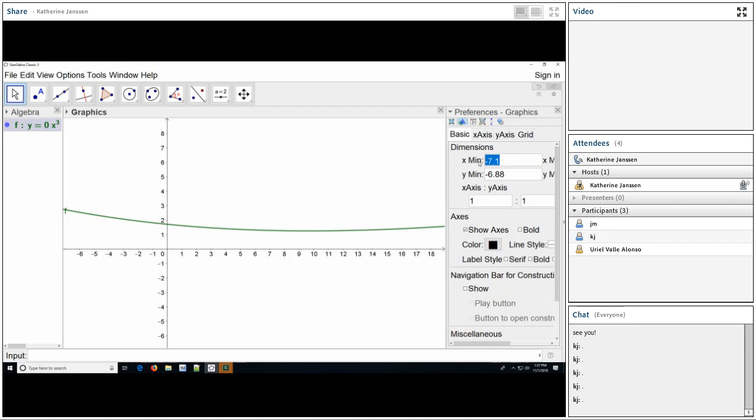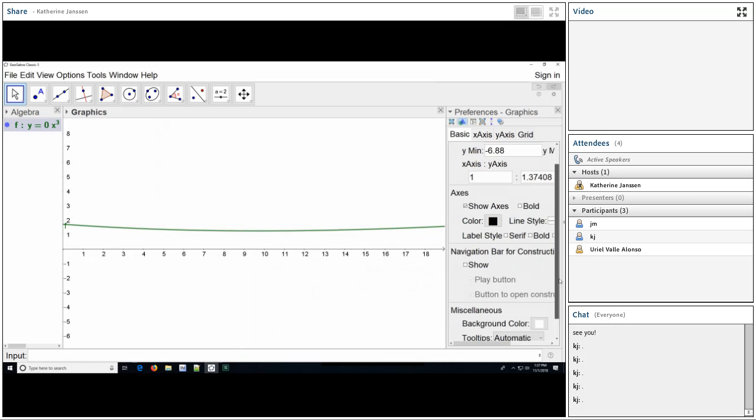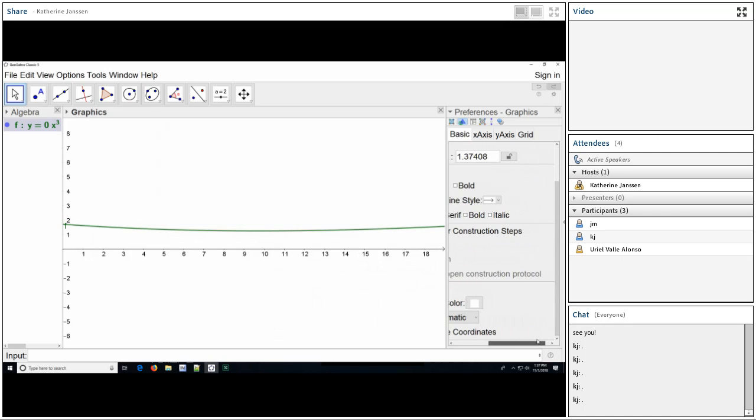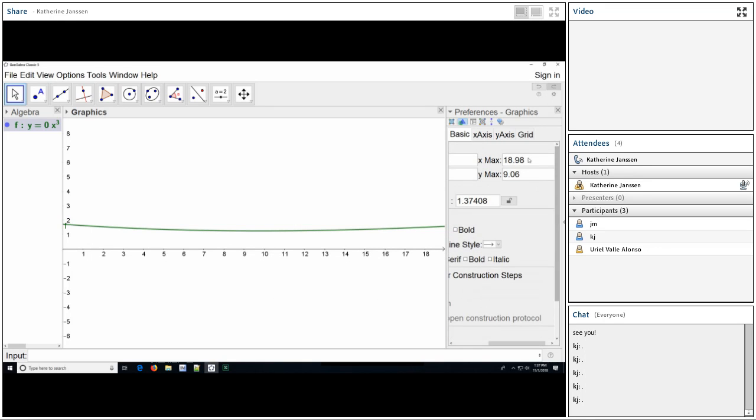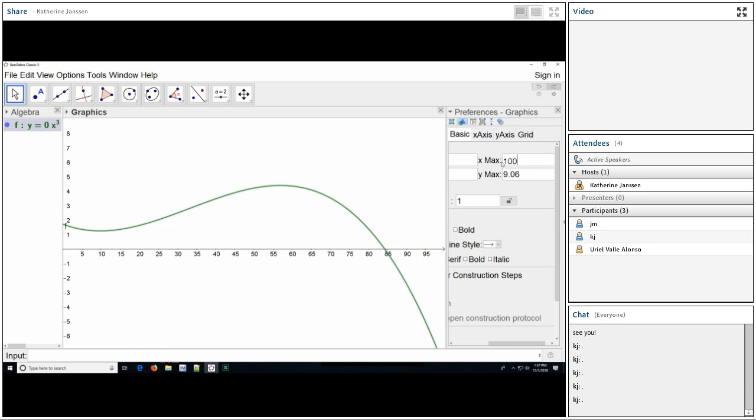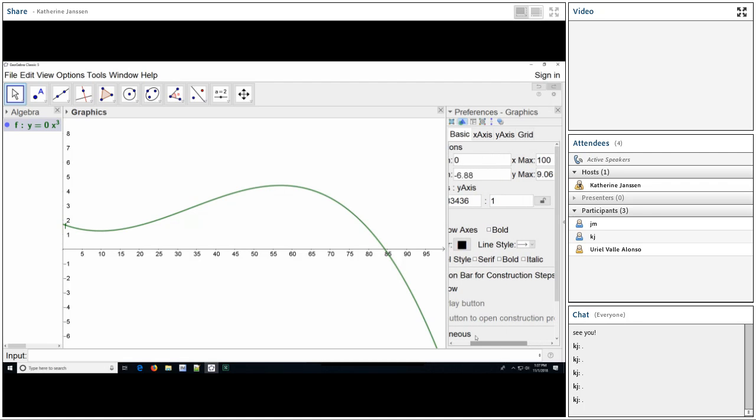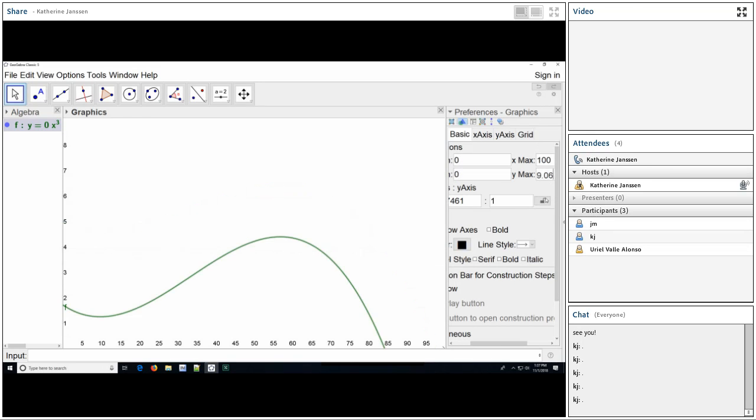I'll set my x min to 0 and my y min to 0.